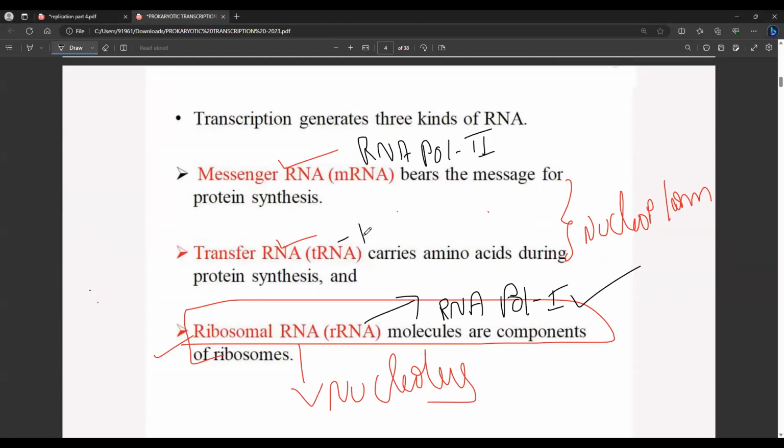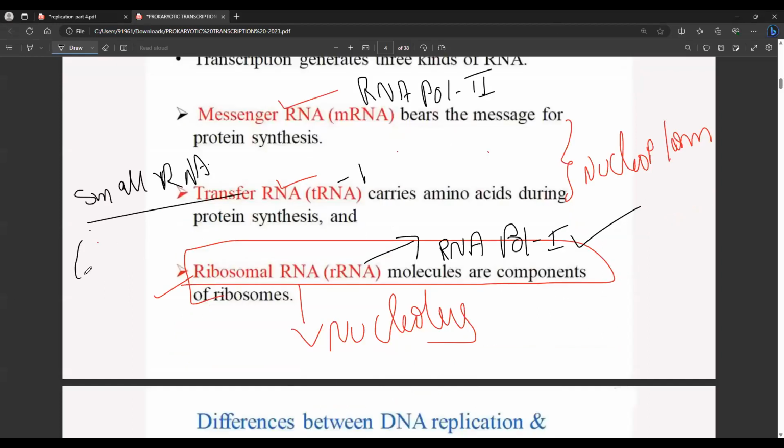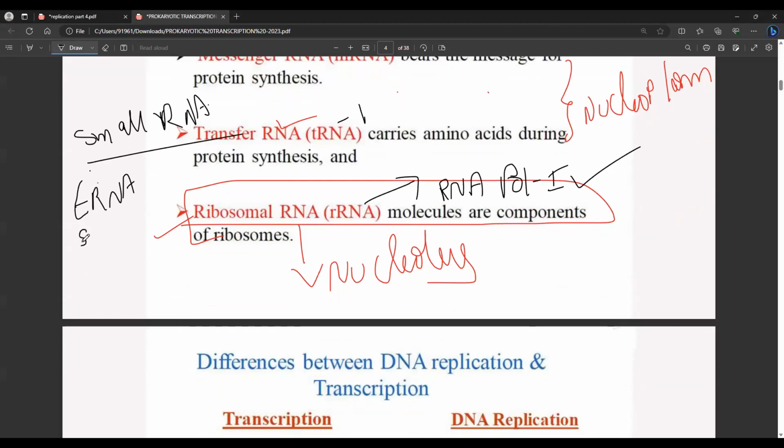Whereas tRNA, so friends, listen. All the small RNAs. I'm using the word, all small RNAs. Now you can ask me, what are the examples of small RNAs? You can take tRNA as a small RNA. Sorry, tRNA and miRNA, micro interference RNA, and siRNA.